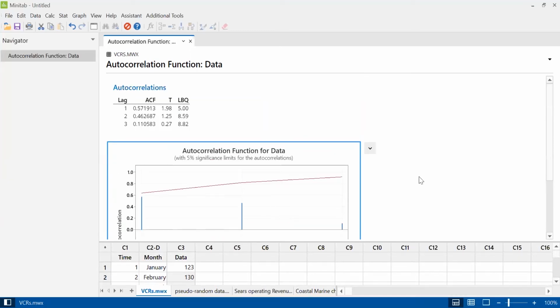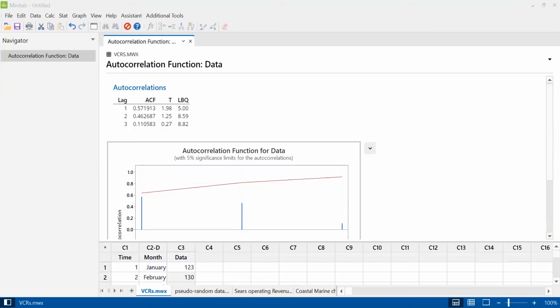Well, it tells me for VCR sales in the data, value in current period is slightly correlated with value in the previous period, but such correlation is decreasing quickly when we get to the correlation between current period value versus 3 periods ago. They are almost not correlated at all. Okay, so that's, as of right now, what we can see from the autocorrelation graph.